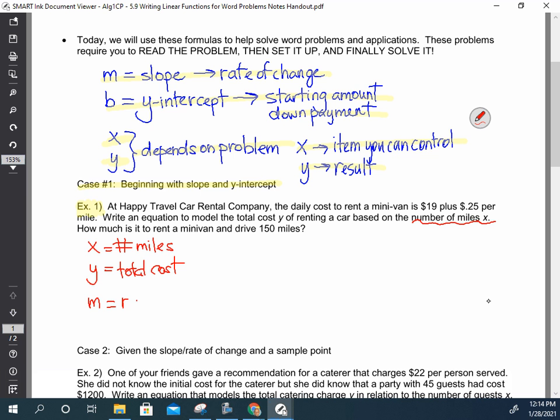So M, your slope, is your rate of change. And your B is your starting amount or your down payment.